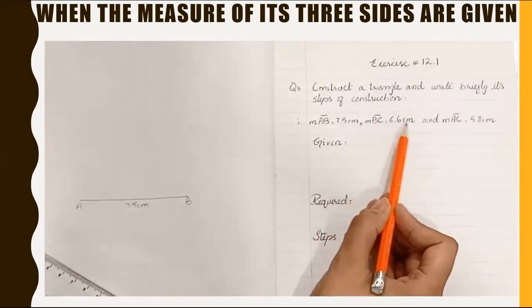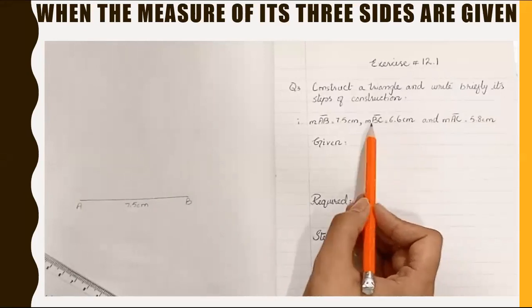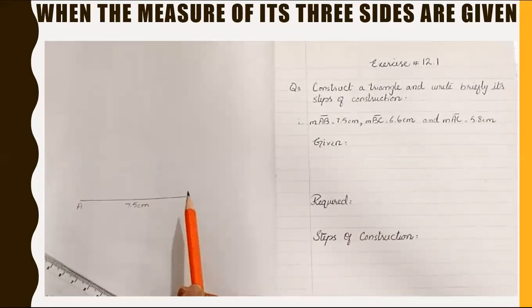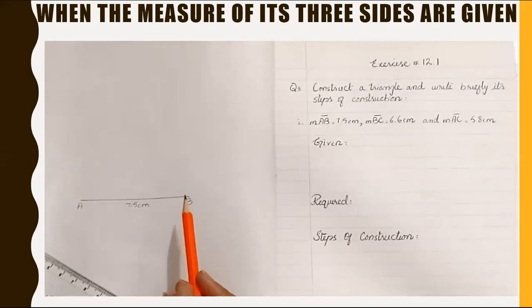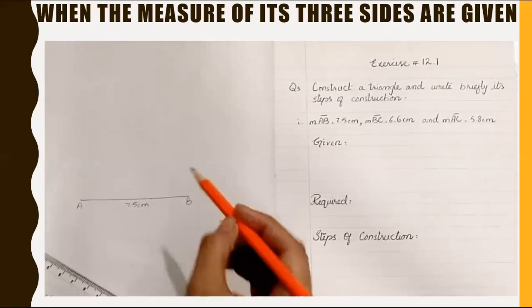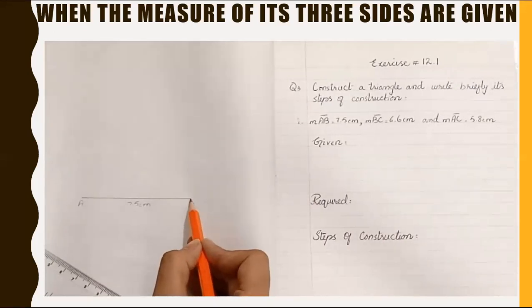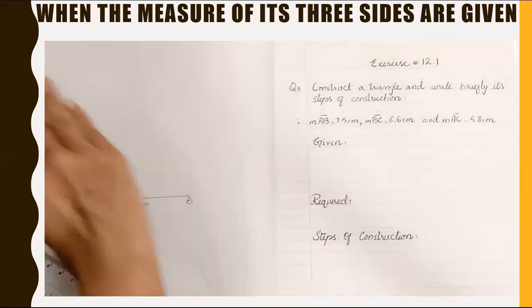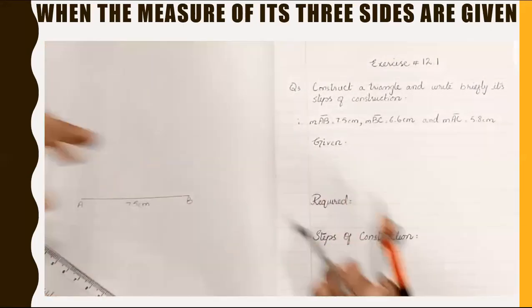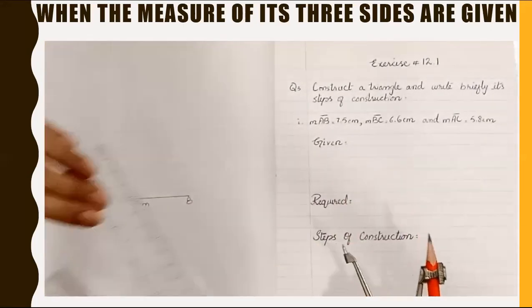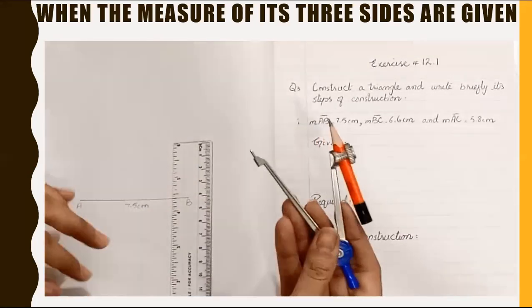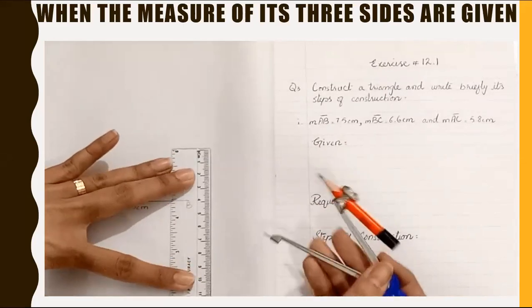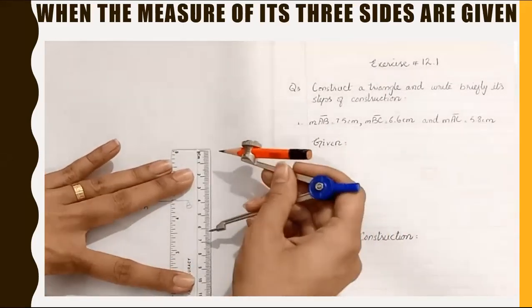Now measurement BC equals 6.6 centimeter. Where do we have to start drawing this line? We have to make the arc from B. So let's take the compass and scale, and take the proper measurement of 6.6 centimeter.